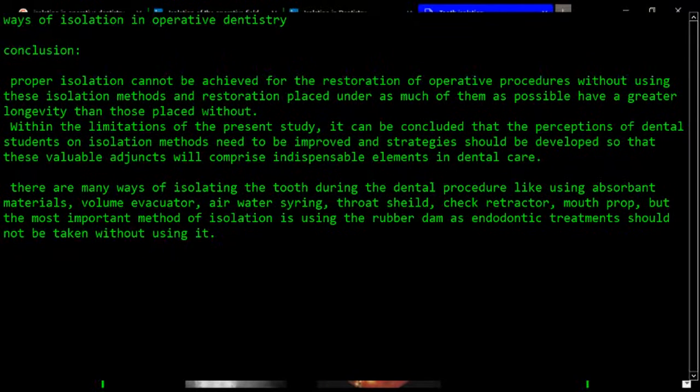And here we have this important thing: the dentist is more comfortable, with a dry field, and the rubber dam protects the patient. Lots of information, all talking about the importance of the rubber dam.